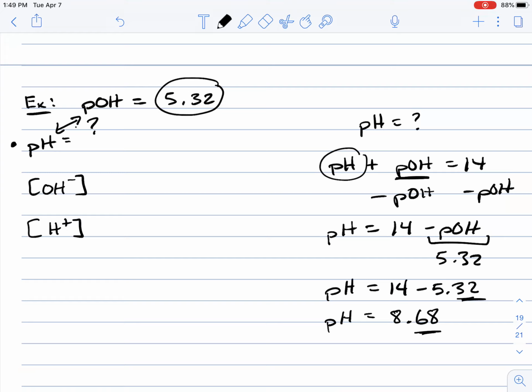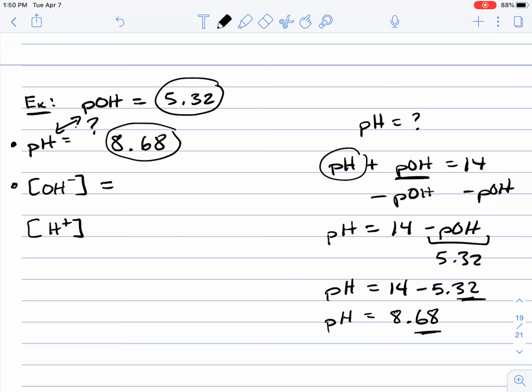All right. And so now that I've figured out that the pH is 8.68, I'm going to go ahead and determine the concentration of hydroxide ion. And so here in this case, I have two given values.